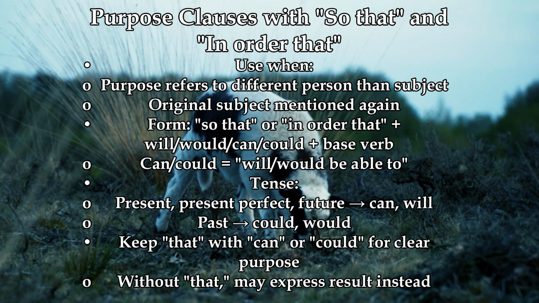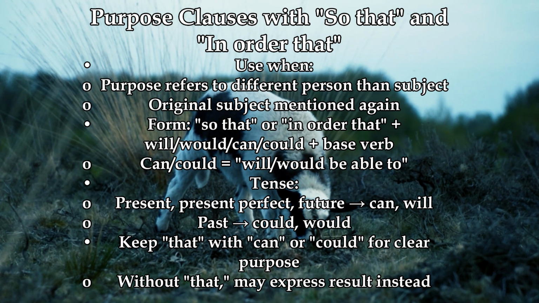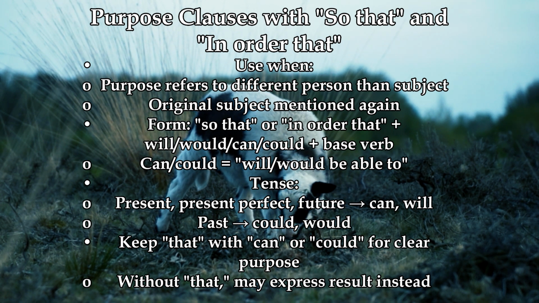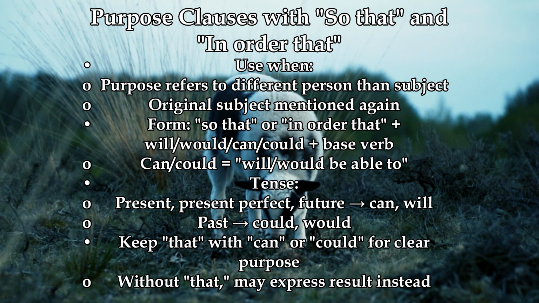They're usually formed with "so that" or "in order that," followed by will, would, can, or could, in the base form of the verb. Can and could are used to mean "will be able to" or "would be able to." It's like they're the helper verbs, giving the main verb a boost of ability.